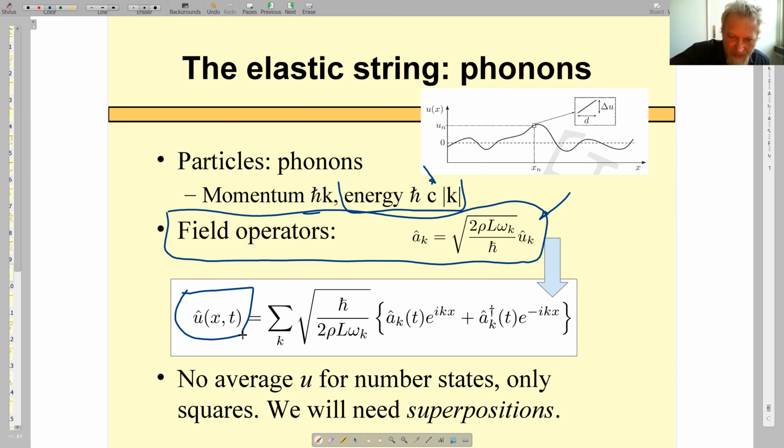It is made of two operators in each case. Each mode contributes to the actual displacement at a given point, at a given moment of time. Again, it's an ugly square root, which is always present in the definition of field operators.